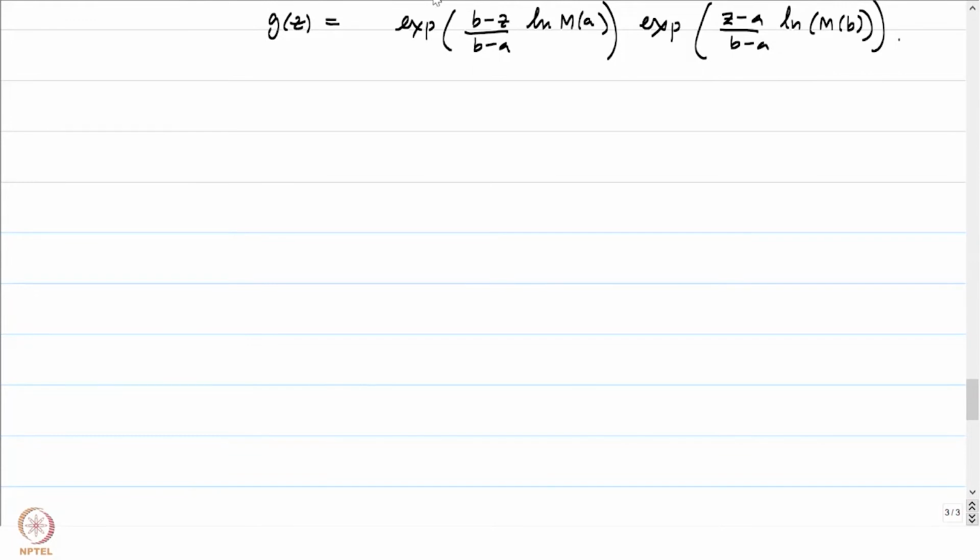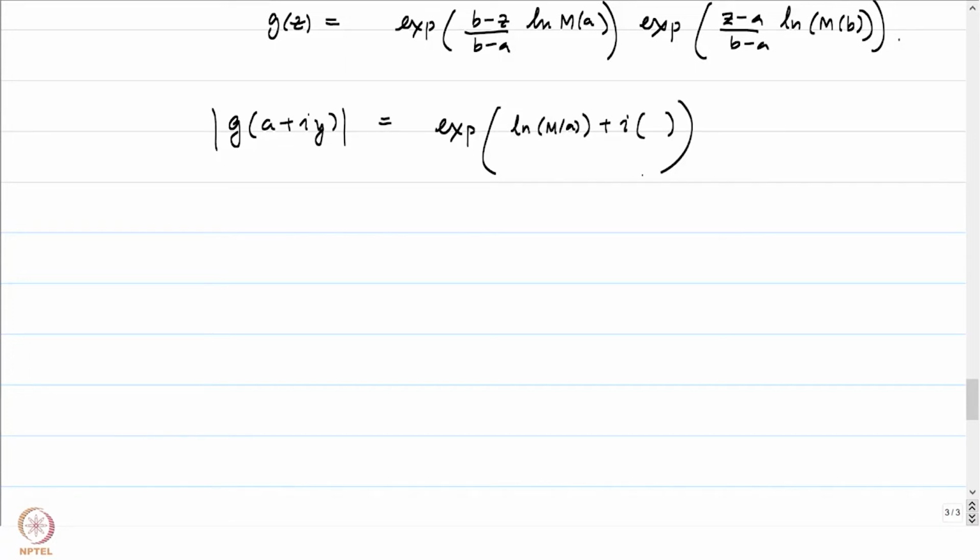Let's now see what happens when we look at g on the boundary of omega. So if you look at the absolute value of g of a plus iy, let's see what happens to that. The b minus z will contribute b minus a, and the other absolute value will be, okay, let me just write it down. This is going to be the exponential of log m of a plus i times something, which I will not write because the absolute value will not contribute. Similarly, this is going to be the exponential of z minus a.